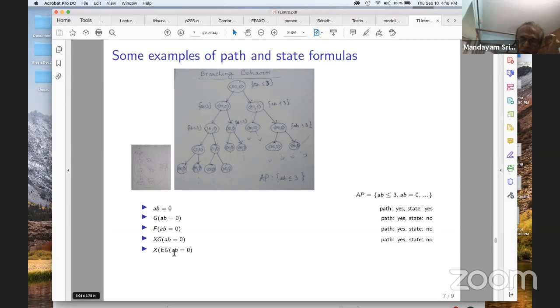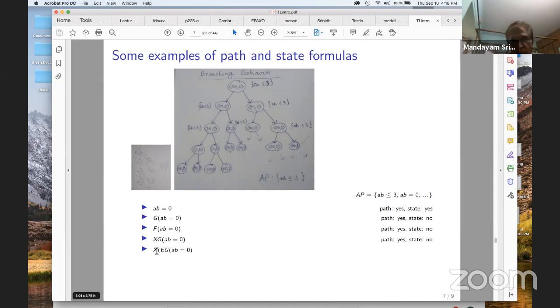Okay, so it is true of those. This sub formula EG is true of those states from which there exists a path in which AB is equal to 0 forever. Which is such a state?